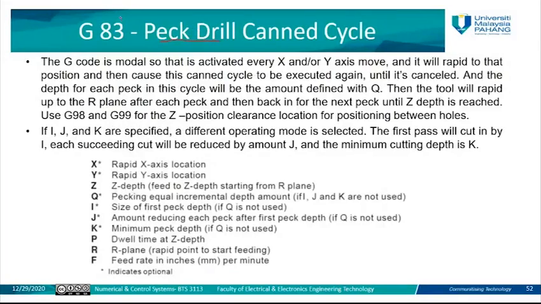In the big drill, which is G83, there are more parameters that need to be defined. As you can see here, we have Q, I, J, K, B, and so on. These parameters are more involved when you want to create a big drill.